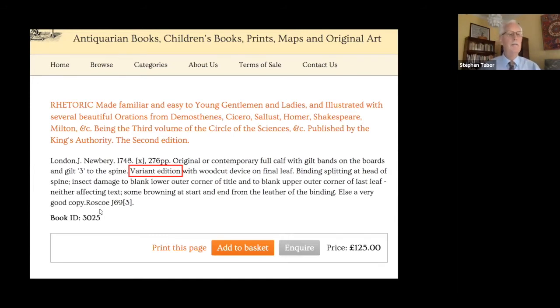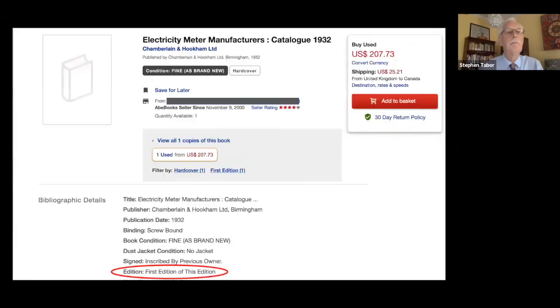But to call it a variant implies that it is some sort of version of the other edition. Either it's fundamentally the same setting or it's not. Even weirder is to call something the first edition of this edition. We can guess that this bookseller means it's the first printing of this edition, but like other features of this write-up, it makes one stop and wonder.